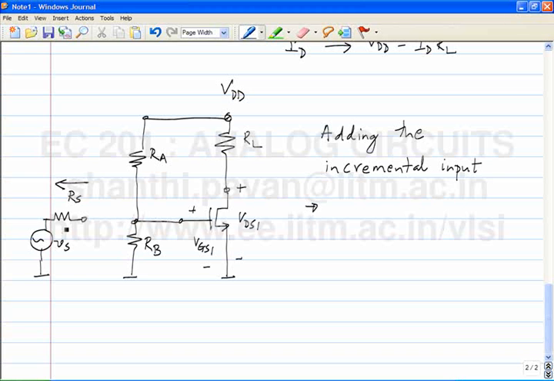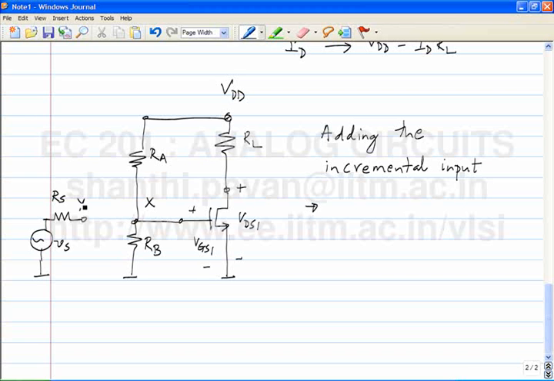Okay, if I disconnected these two nodes, for example, what is the potential at node X? VGS1. Okay. If you de-energize all the incremental sources, what is the DC potential at node Y? 0. Okay. So the reason why current flows through RS when I connect node X to node Y is because the potentials are not the same.